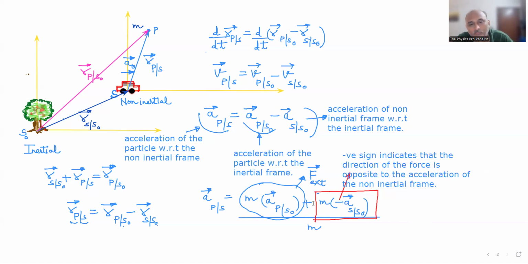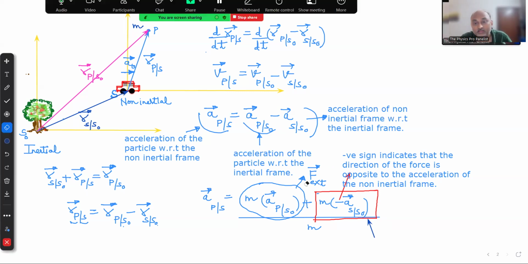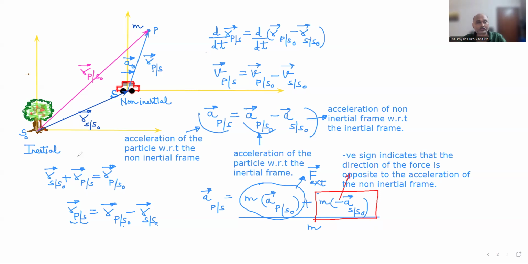Now, this force is actually not acting on the object. It is there because we multiplied mass to this acceleration, right? Since this is not an actual force, this force has a new name: pseudo force.